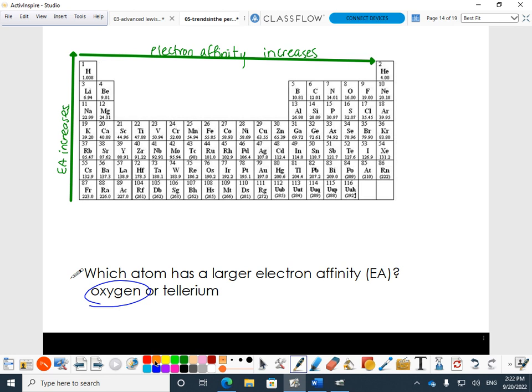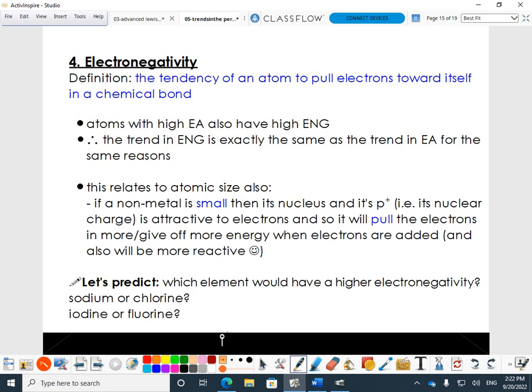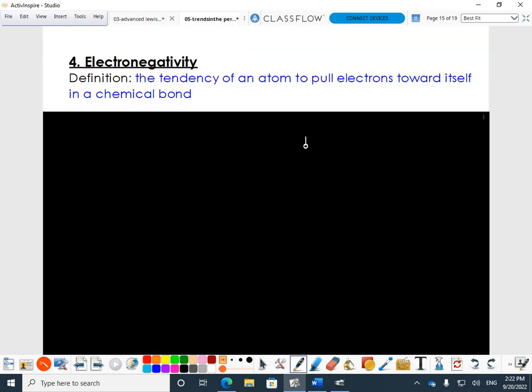Okay, so electronegativity is a term we are going to even use after chapter 1. So this is a very, very, very useful trend.